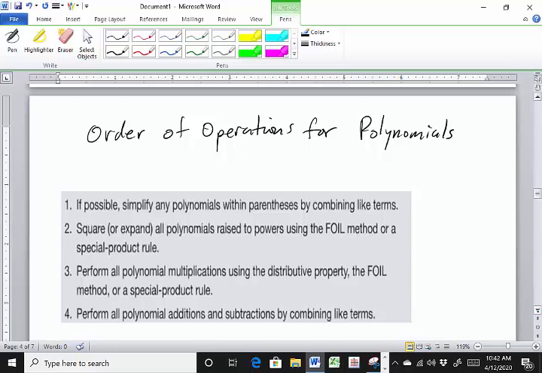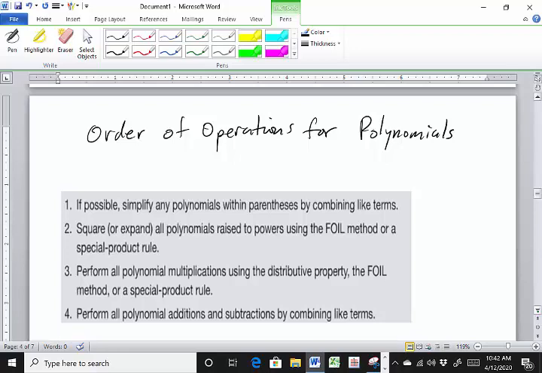Then step 3, perform all polynomial multiplications using the distributive property, the FOIL method, or a special product rule, right? The sum and difference of two binomials. And then finally, perform all polynomial additions and subtractions by combining like terms.